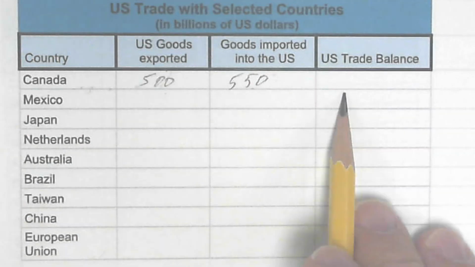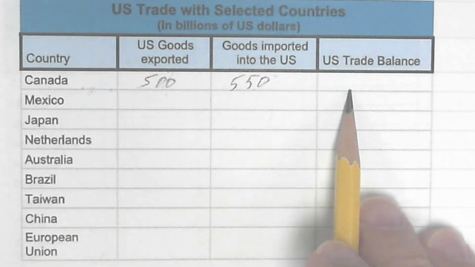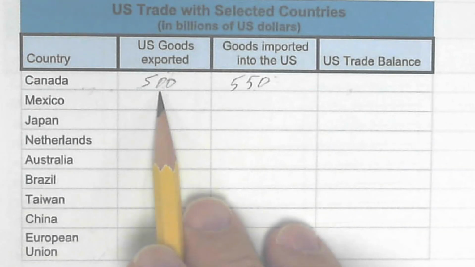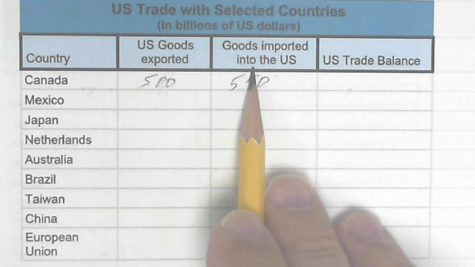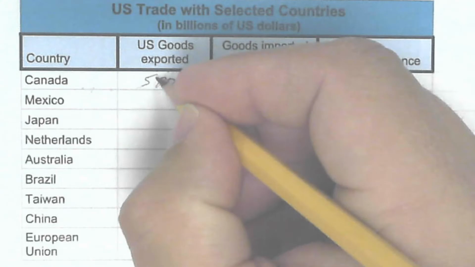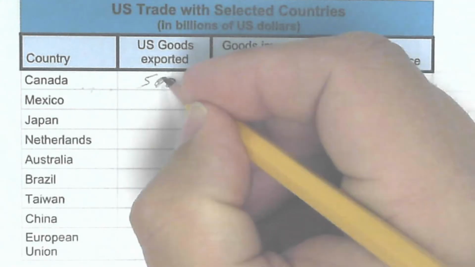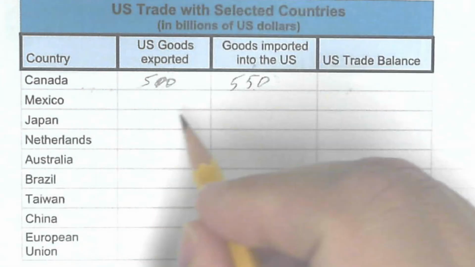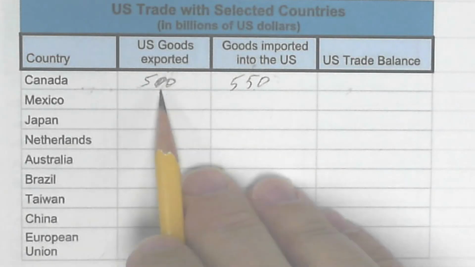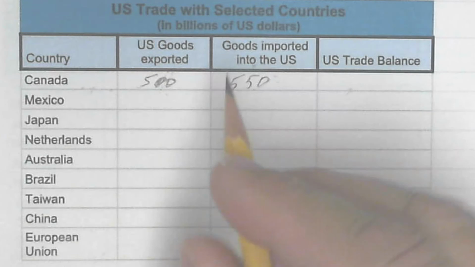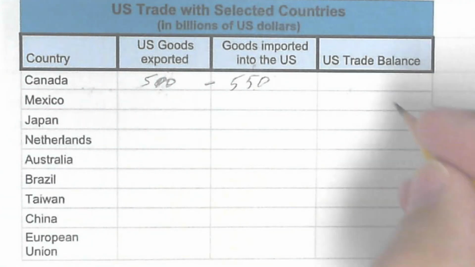to figure out what the trade balance is, if you don't already know how to do this, it's going to be exports minus imports. So you might want to remember this. You're going to have to look it up because you're going to have to do a worksheet on this. So it would be 500 minus 550.